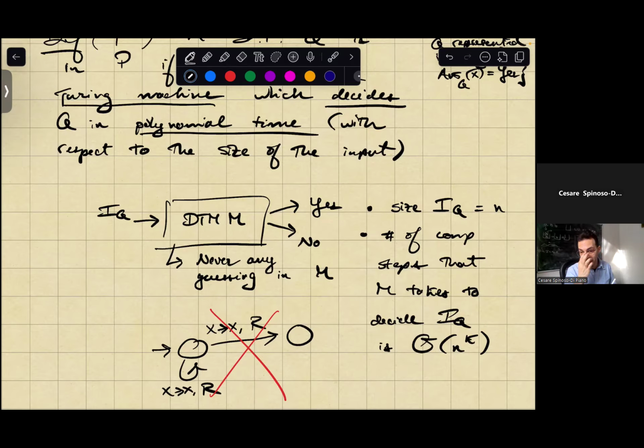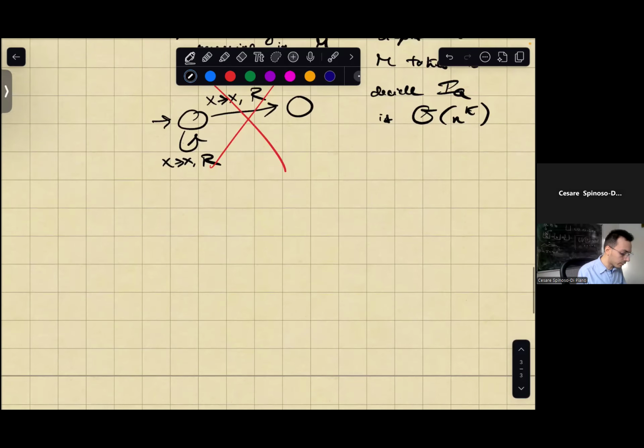And so whenever you have a polynomial time decision procedure algorithm that is solving a particular problem, then that problem is in P, right? So what does it mean then for a problem to be in NP?